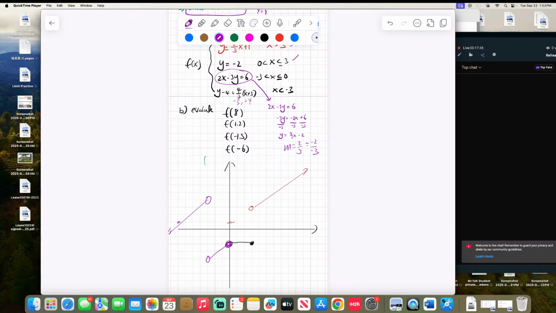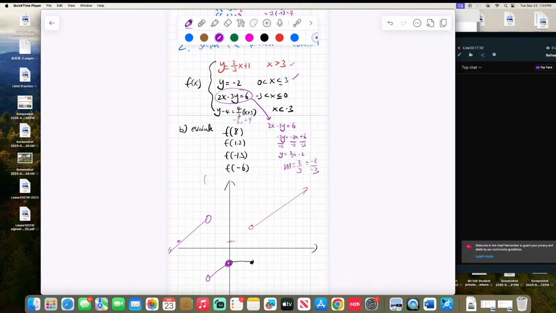Now you're going to plug in f of 8, just plug in whatever. This one's going to be, I think, 16 over 3. 19 over 3? Yeah. Okay, 1.2 doesn't matter. 1.2 or 1.5 doesn't matter, right? So it's always going to be negative 2. Negative 1.5 for x, that's going to give you negative 3, minus 3y equal to 6.